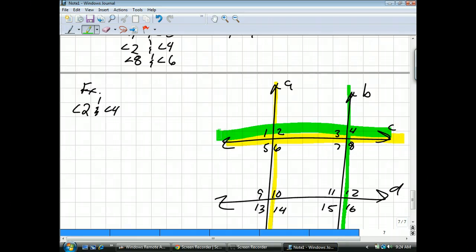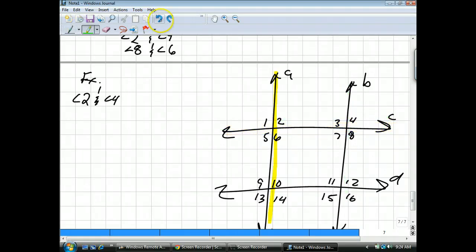Okay, so in terms of the picture, 2 is to the right of the line and above the transversal. 4 is also to the right of a line and above the transversal. So we would say that those are corresponding angles. So these are examples of corresponding angles, and that's the way that you would abbreviate it.